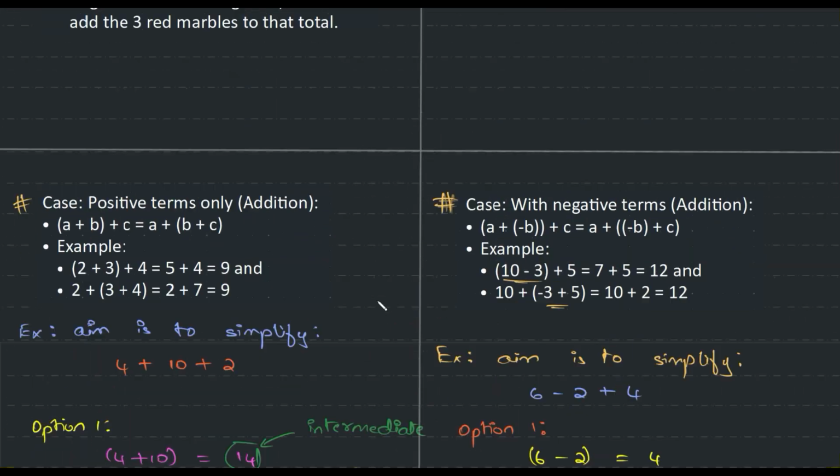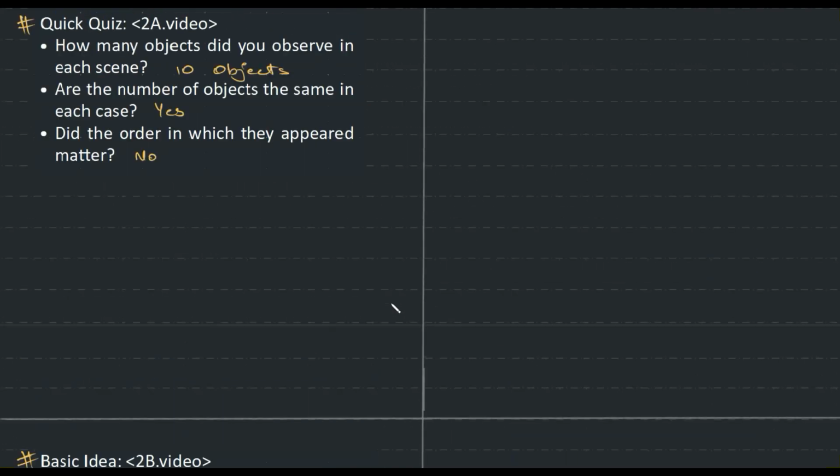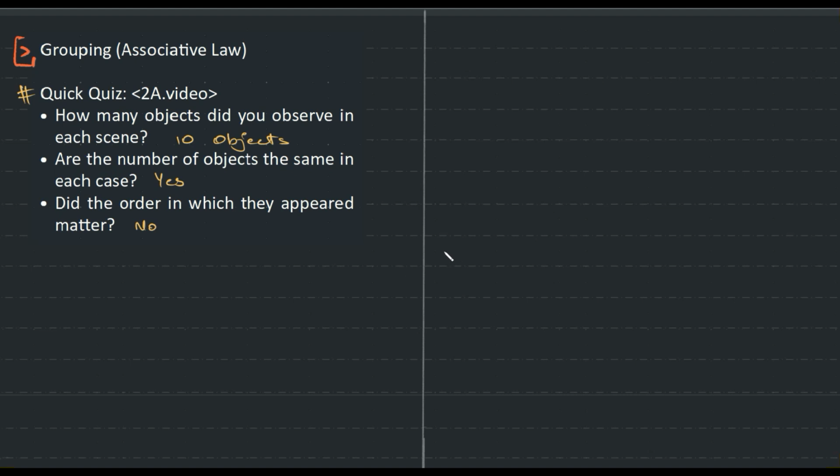Okay, does it make sense? Yeah. So this is to do with the associative law. Associative is to be related to. So what you relate first and then end up with another number, the order in which you relate will not matter, is the entire theorem, the entire idea.